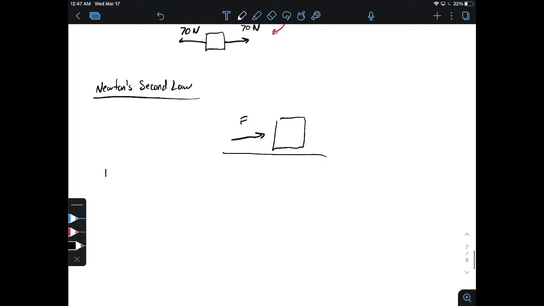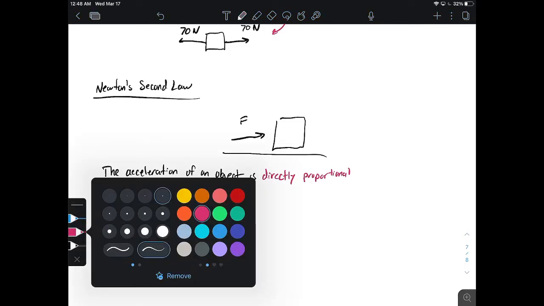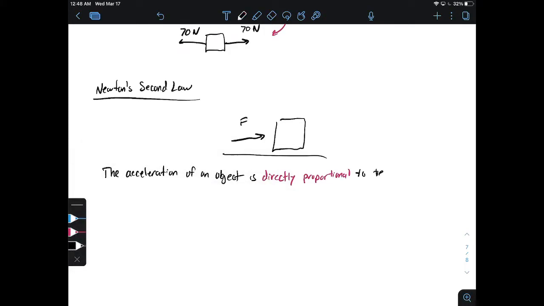And what we can say is that the acceleration of an object is directly proportional to the net force on the object, and inversely proportional to the mass of the object.